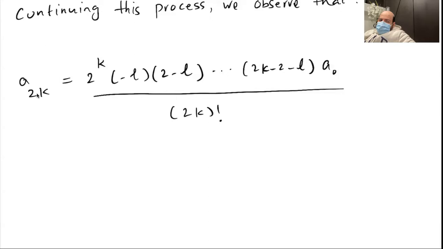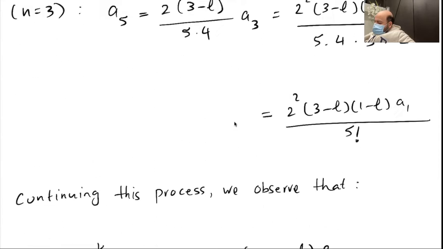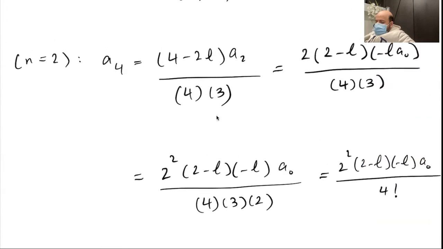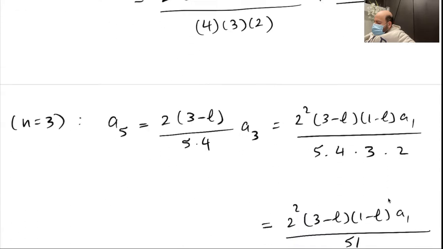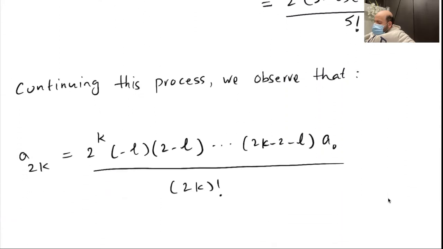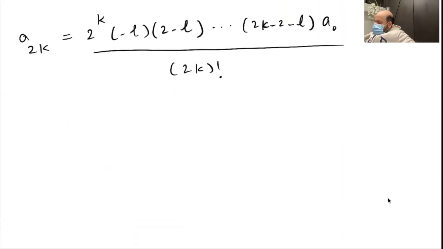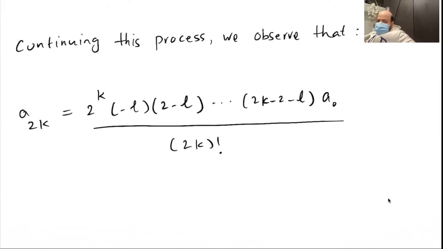The last even number before 2k is 2k minus 2, and then minus L, times A0. And the denominator always matches this number. So if this is 2k here, I will have 2k factorial. So here you saw that we had 4 here, and here we had 4 factorial. And so this is for A_2k.